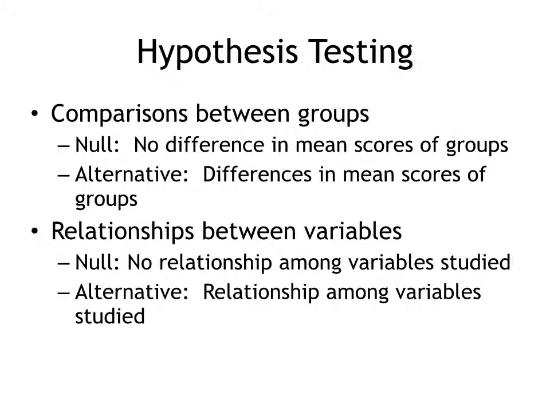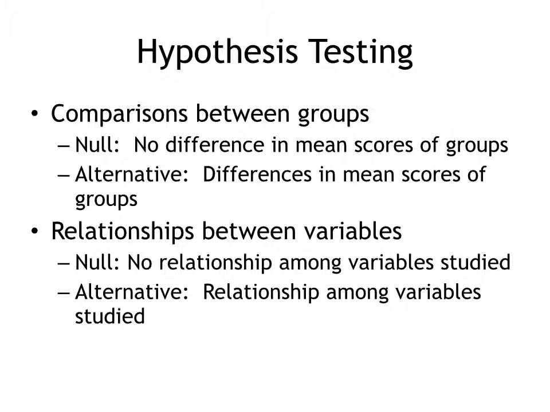So, just to wrap this up, you're comparing between two groups. There's two kinds. You're either comparing groups or you're showing relationships between the groups. The null hypothesis tells you there's no difference in the mean scores of those groups. They're the same. Your alternative hypothesis says there is going to be a difference in the mean scores between the groups.